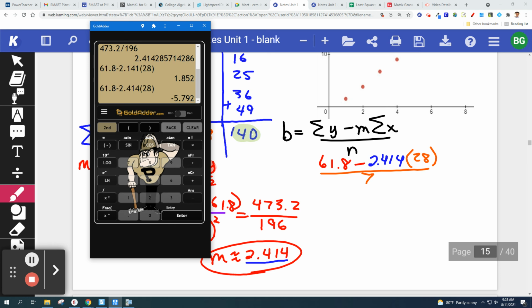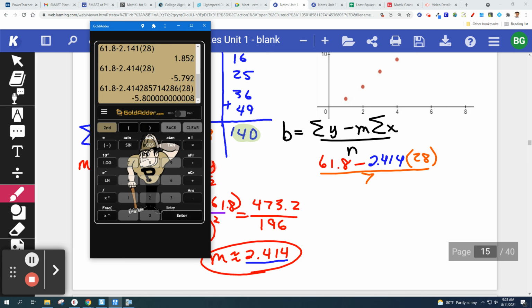If we used 61.8 minus 2.414 (285714286, if we use everything we've got) times 28, that's basically negative 5.8.